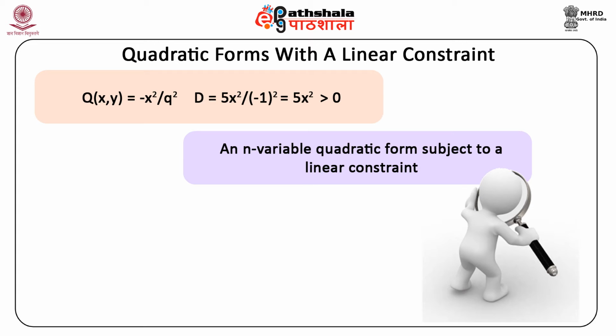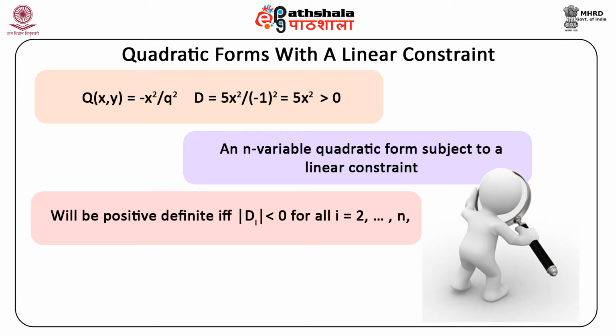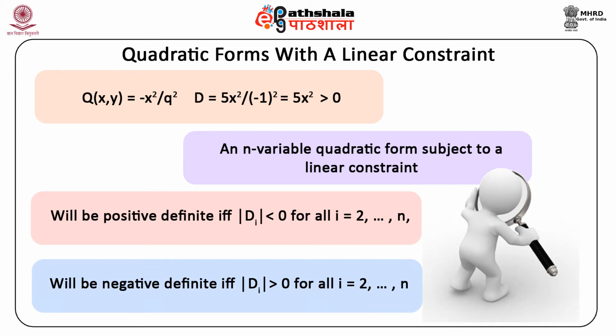An n variable quadratic form subject to a linear constraint will be positive definite if and only if determinant Di is less than 0 for all i from 2 to n, and will be negative definite if and only if determinant Di is greater than 0 for all i from 2 to n.